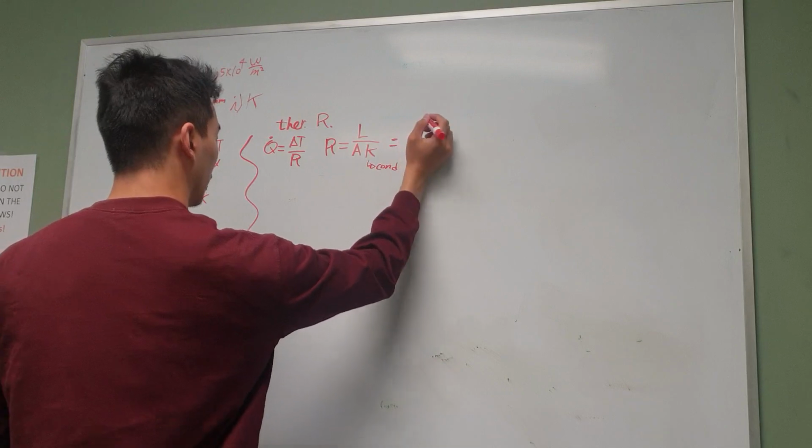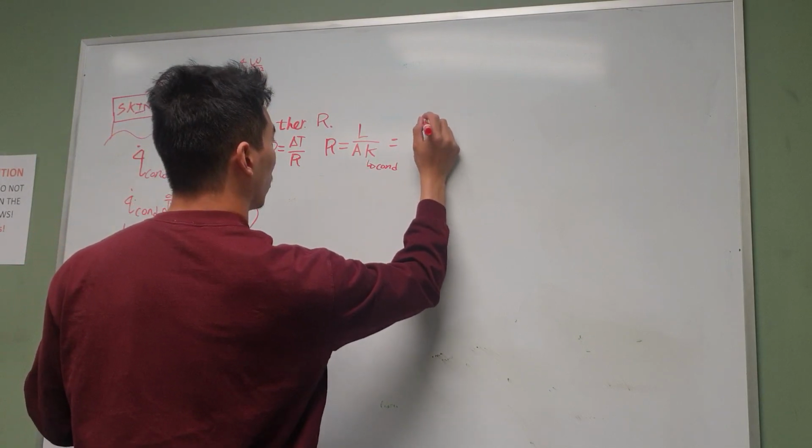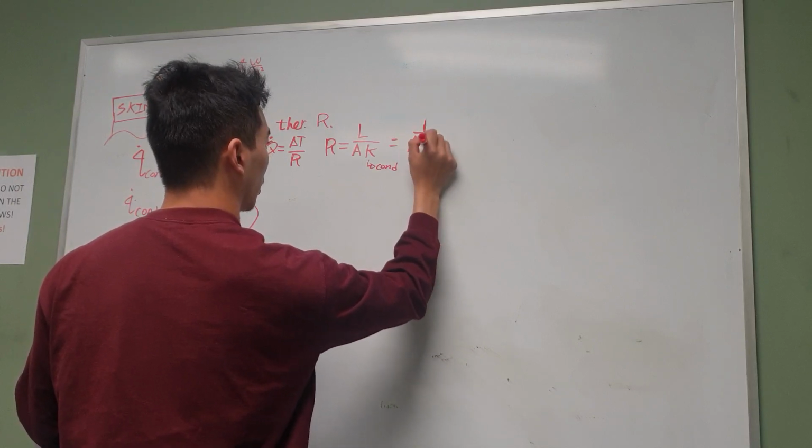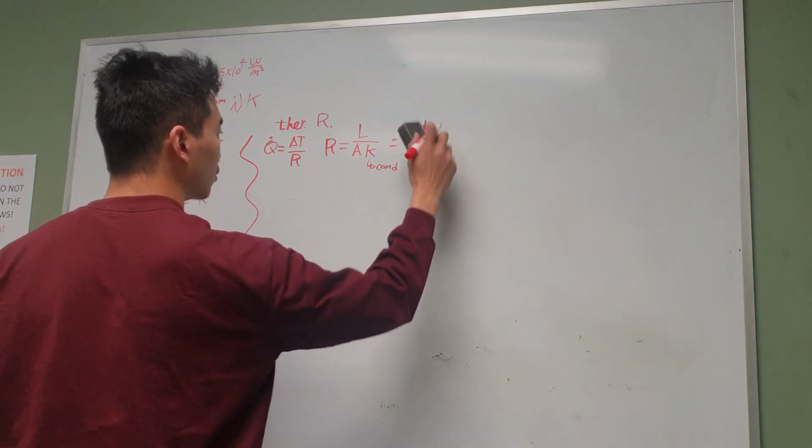If this were convection, we would have 1 over A H, but we are not doing convection.